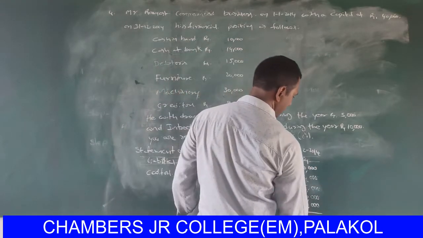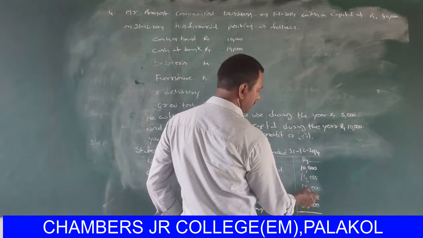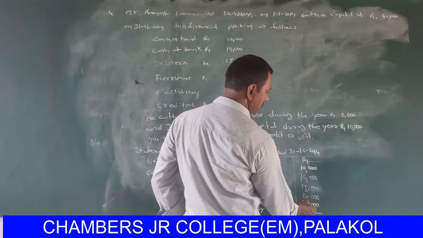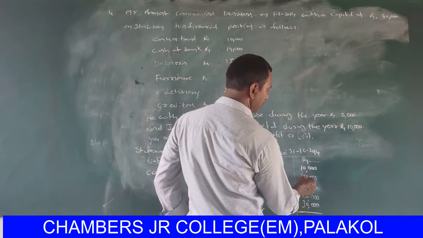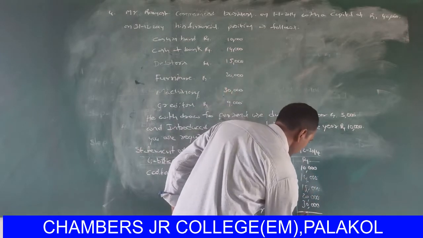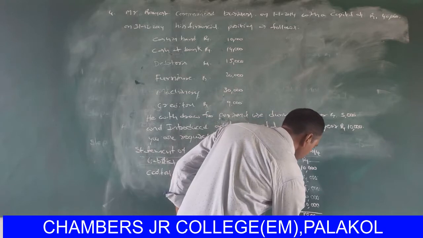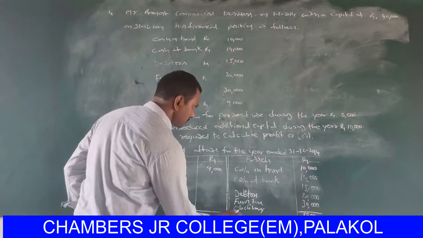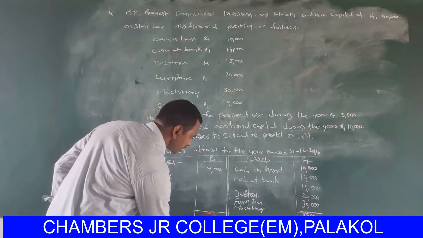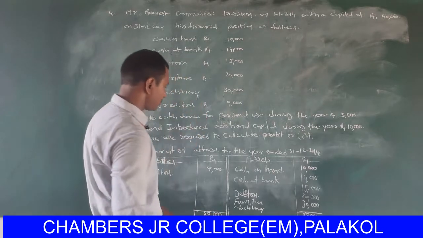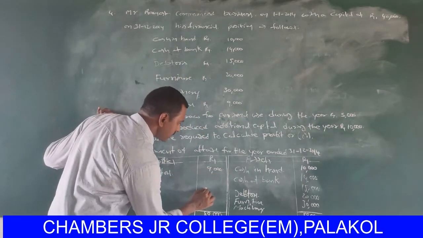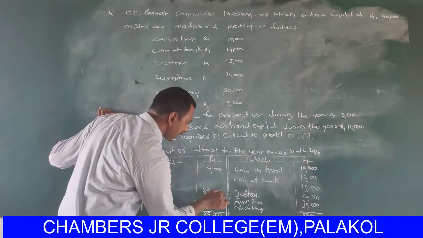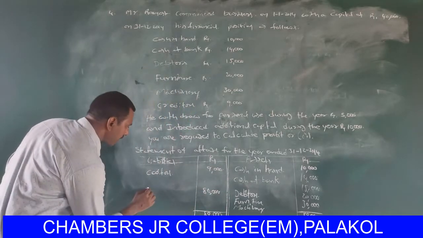Total of the assets is 89,000. The difference between these two is 80,000. This is called capital.